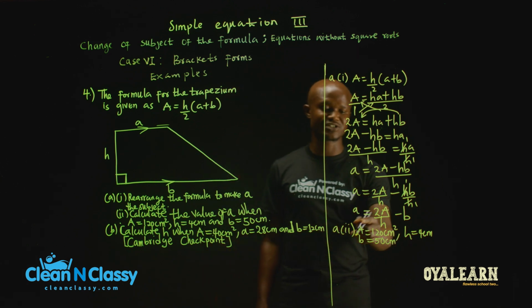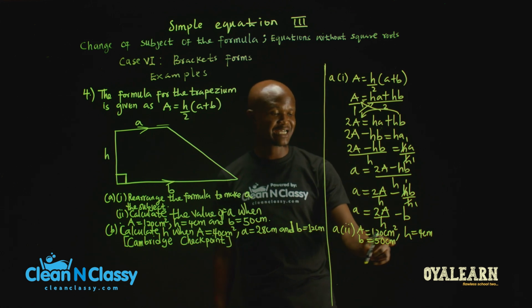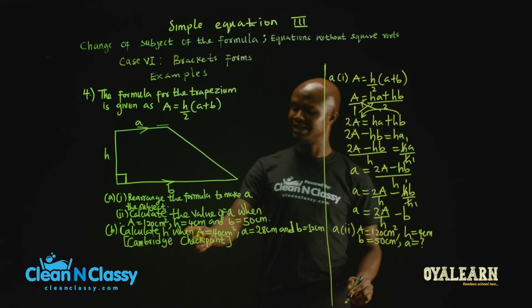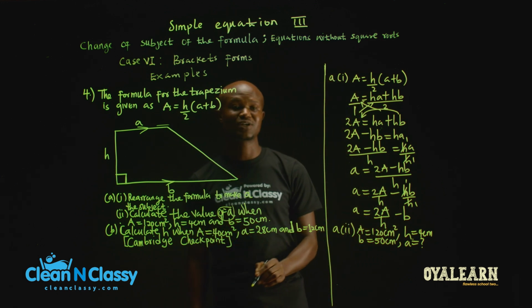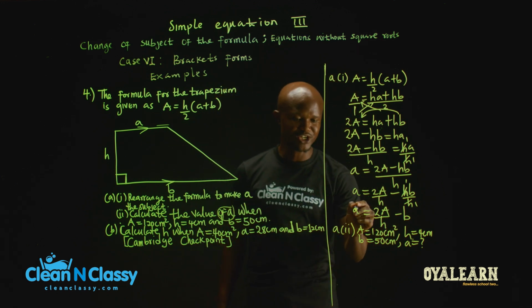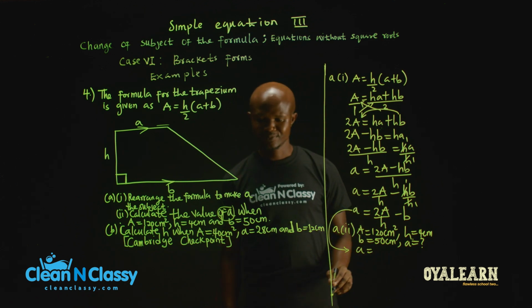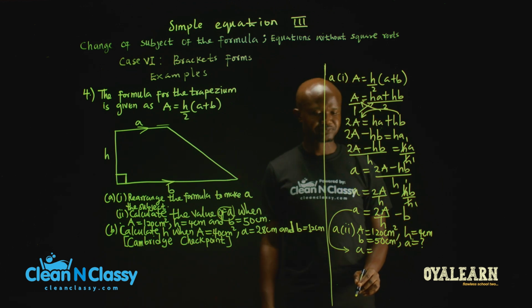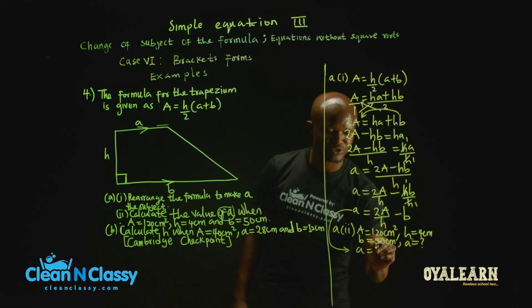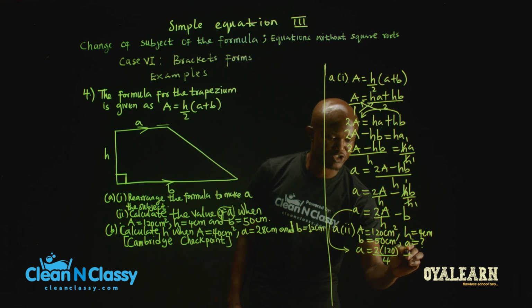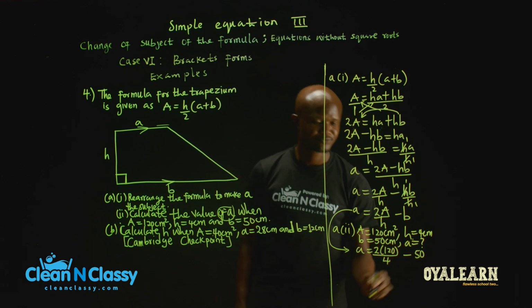So now in this case, we just need to substitute to get our small letter a. Calculate the value of small letter a. So we still use the result we have here. a will be equals to, anywhere we see capital letter A, we put 120, then divided by 4, which is h, minus b, which is 50.